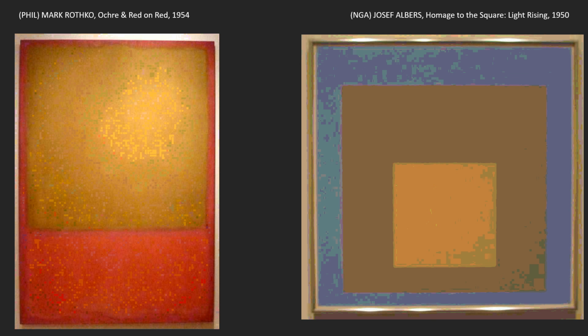And he begins these in 1947. Rothko begins his in 1948. And by that time, Albers is in America. So I don't think it's a coincidence. I think what Albers was beginning to do in playing with colors has some impact on Rothko.